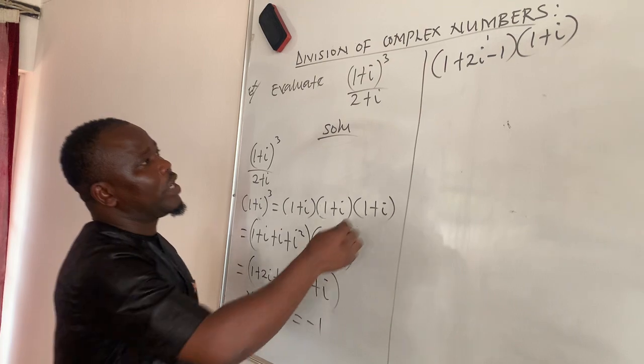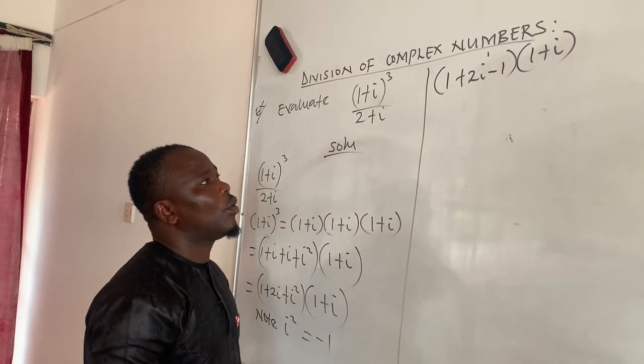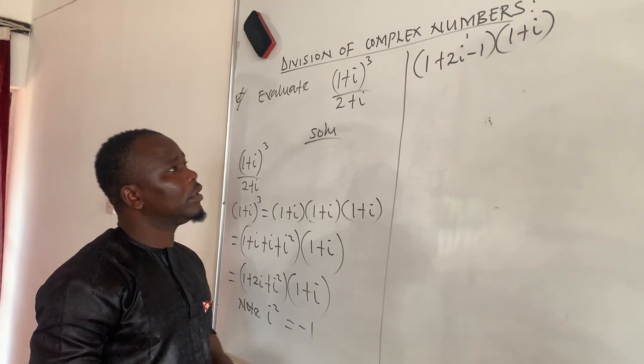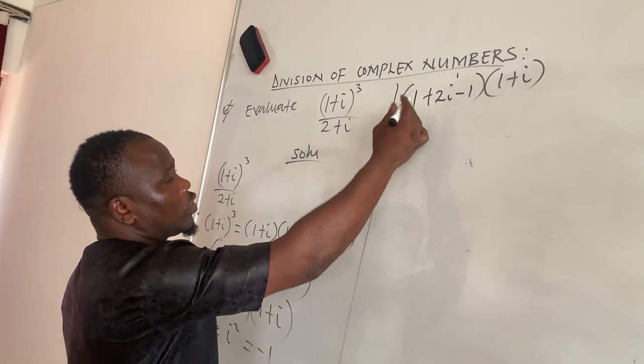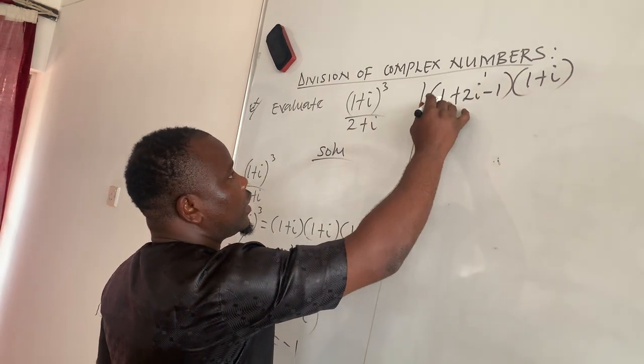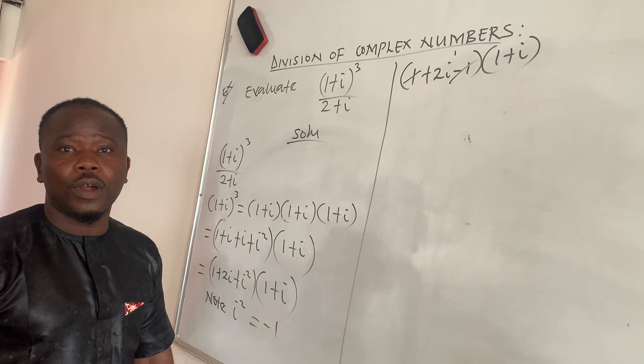Let us look at the first bracket. We have 1 + 2i - 1. It implies that we can add or subtract 1, so this and this will go.